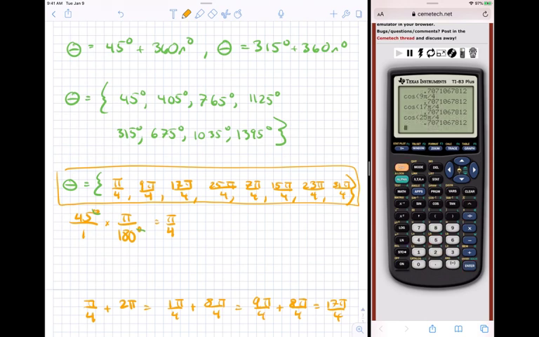Is this okay so far? Y'all see it? Hang on. Let's do cosine of 7 pi over 4. I just want to make sure these are all good. Let's do cosine of 15 pi over 4. Awesome. Two more. Cosine of 23 pi over 4.